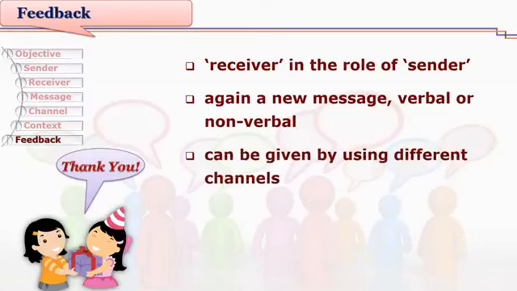As we saw, feedback can be in the form of any message, and even the channel can differ. You may not immediately give feedback by the same channel which the sender has used, but you may choose a different channel for it. For example, you may leave the sender and then while traveling you may send a thank you message.